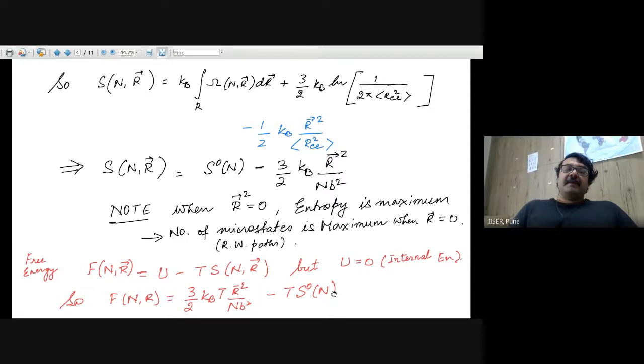then basically the free energy increases, because the lowest value would be this, right? So any finite value of R leads to an increase in the free energy cost, and one can think that when the end-to-end distance is 0, it has the maximum number of possible conformations, and this is what we had discussed when we were talking about the random walk polymer chain, right?